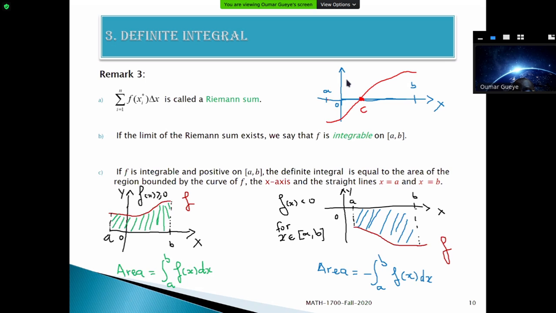You can see between A and C, the curve is below the x-axis. It means the function is negative. And between C and B, the curve is above the x-axis, so the function is positive. That's what I mean by saying the sign of the function changes over the interval AB.